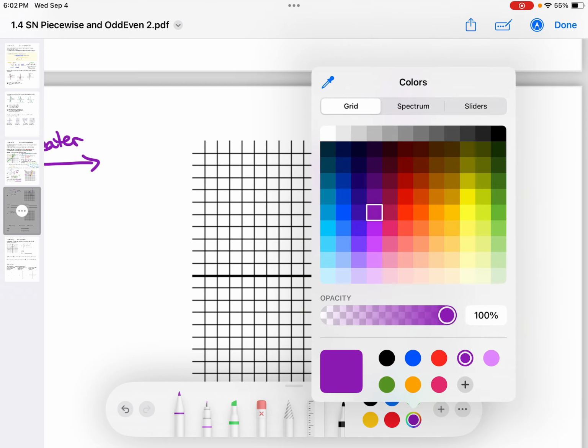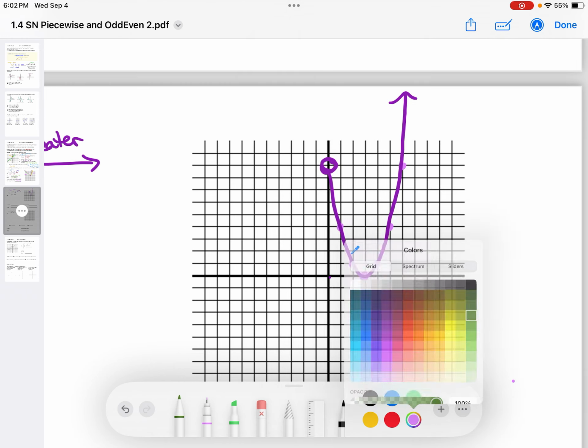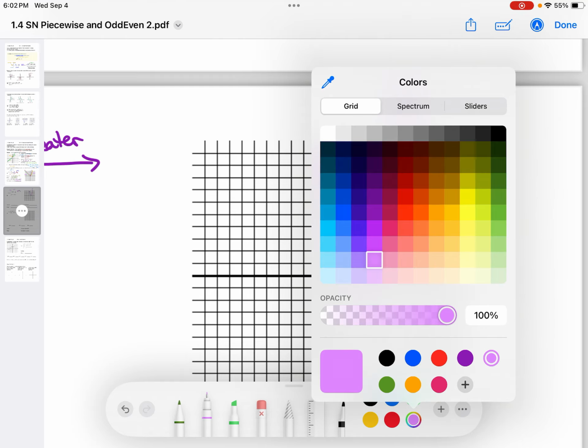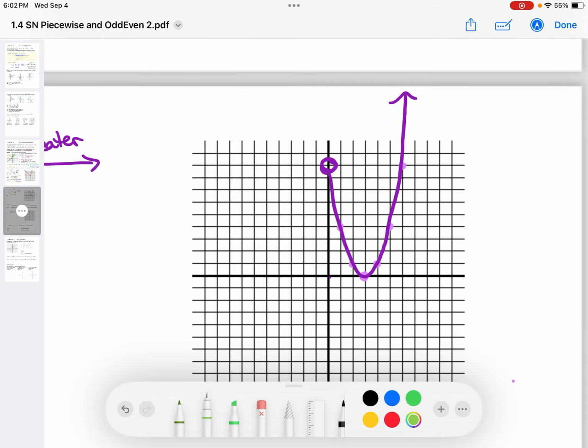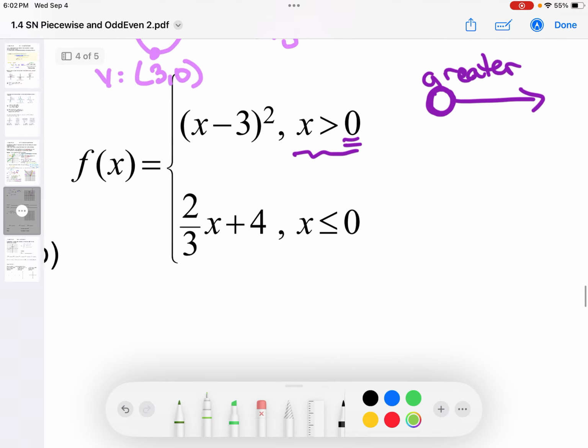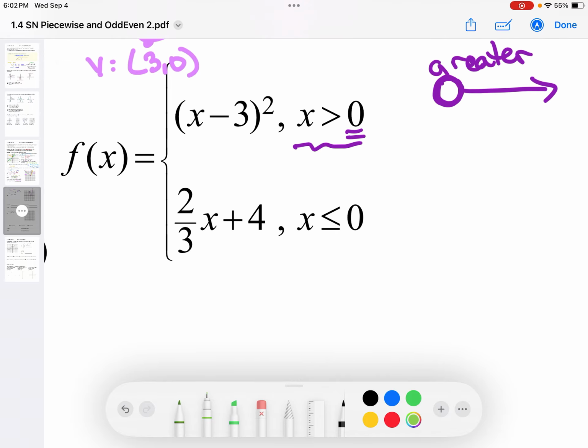Now, the other piece is 2/3 x plus 4. It's a single power of x. It's a line. It's y equals mx plus b. So our b, our y-intercept, is going to start at 4. Our slope is 2/3. Slope is always the coefficient of x in a line.